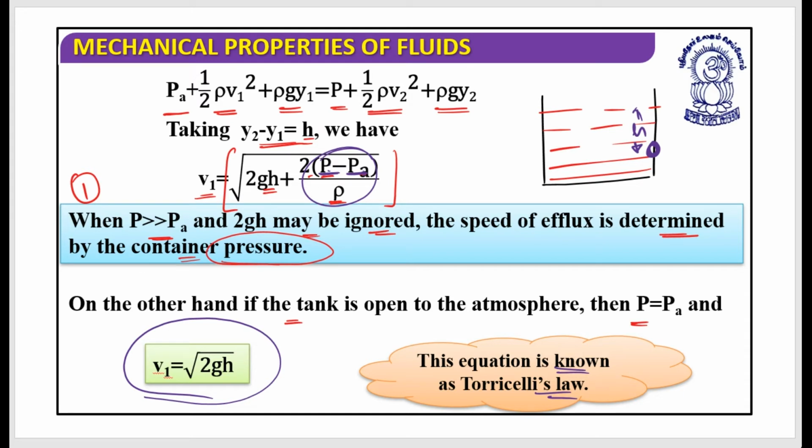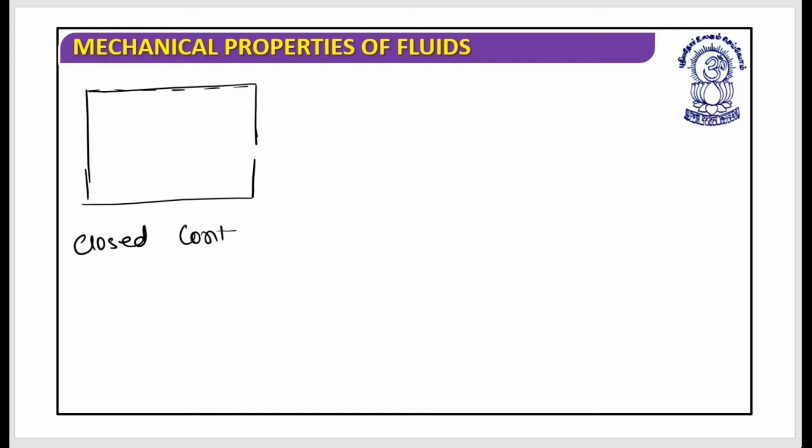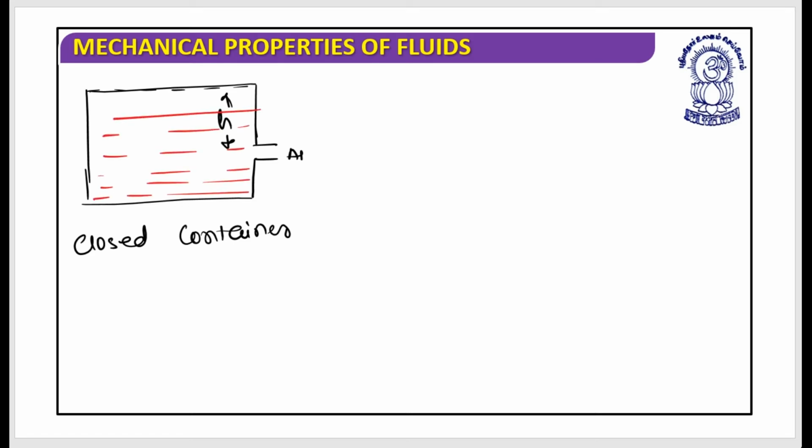So now we have two different relations, let's evaluate them properly. Initially we will think about the closed container, and from here we have made a hole at height h, and this is the fluid with which it has been filled, something like this.